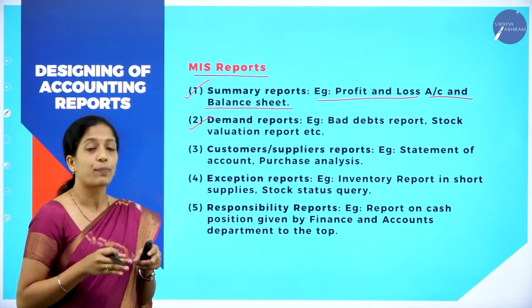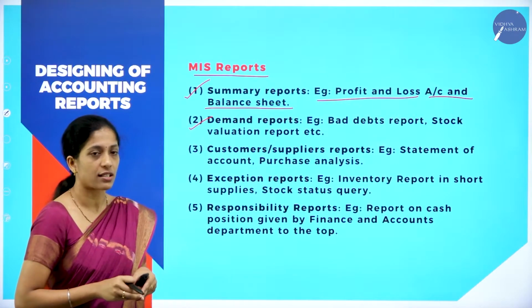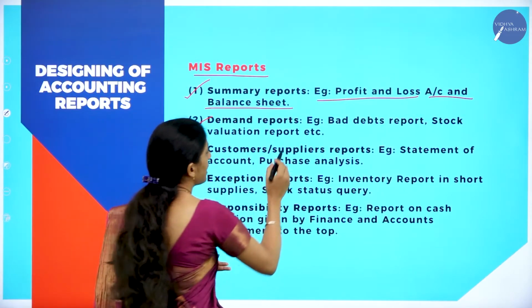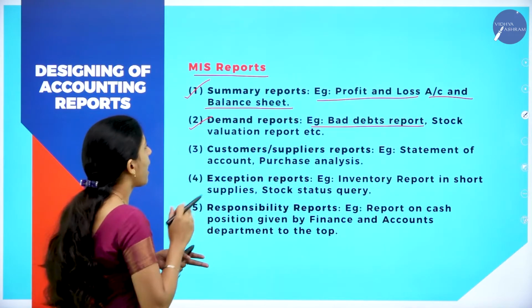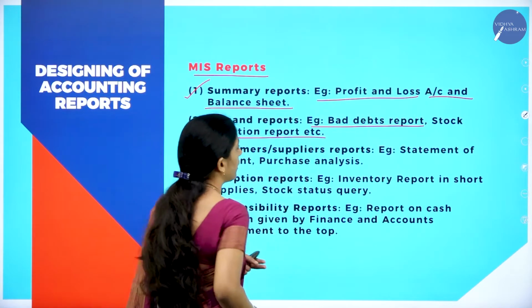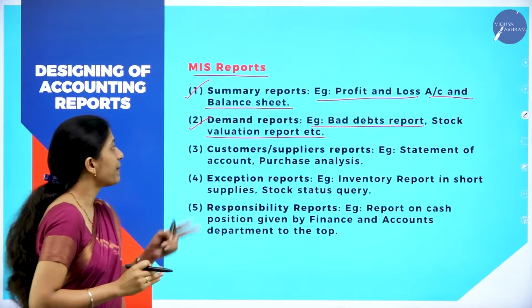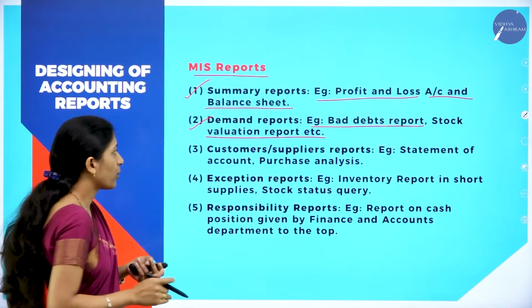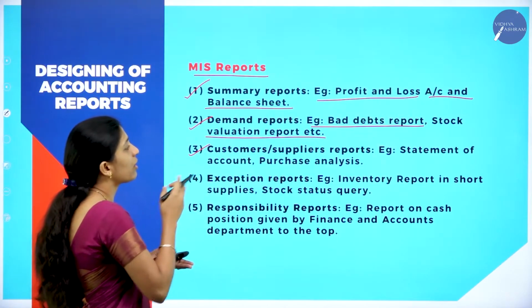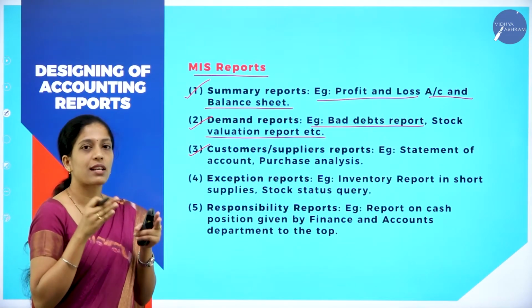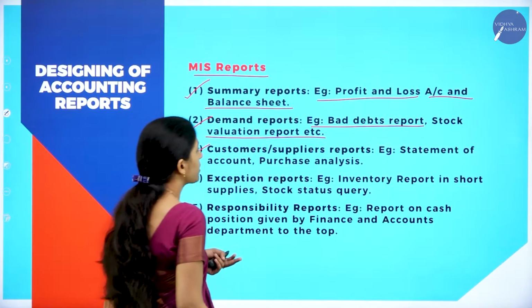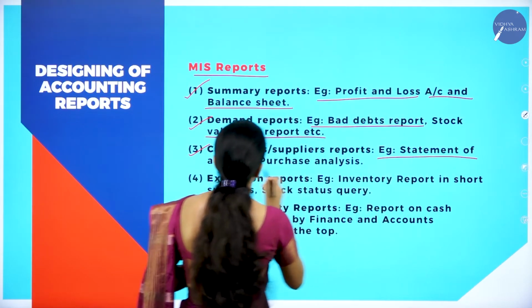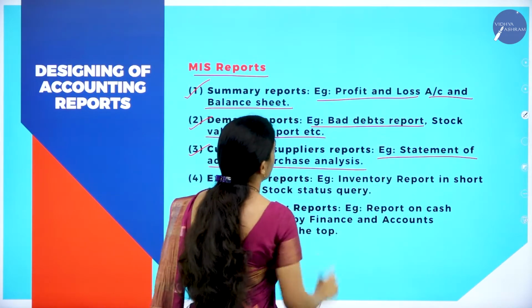These are the reports which are demanded by the users. The best example is bad debt reports, that is a report relating to bad debts, and stock valuation report. These are the examples for demand report. Next one is customer or suppliers report. This is a report relating to the customer as well as supplier, and the examples are statement of account and purchase analysis.